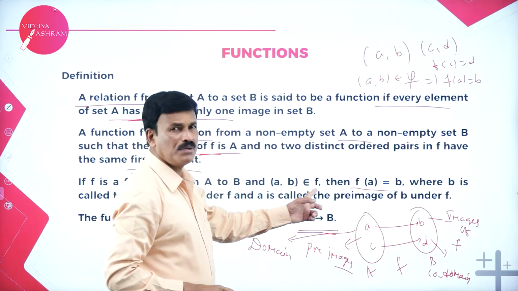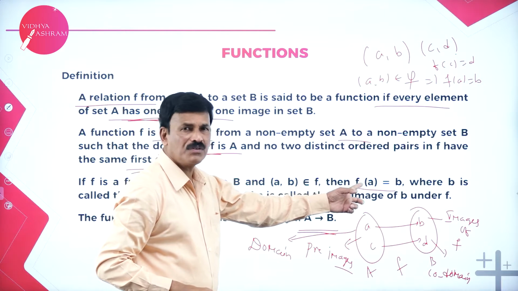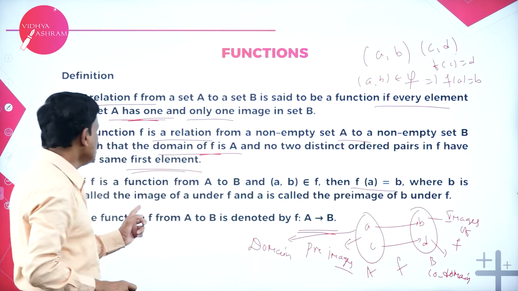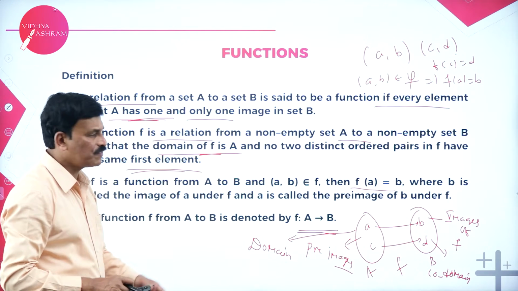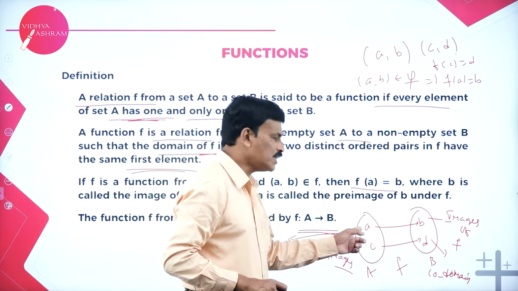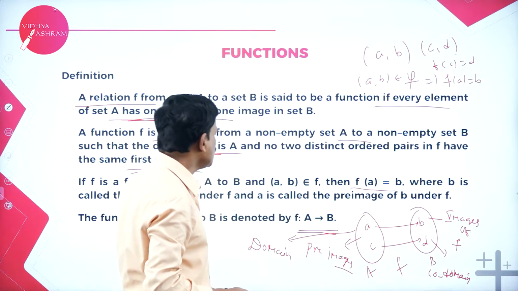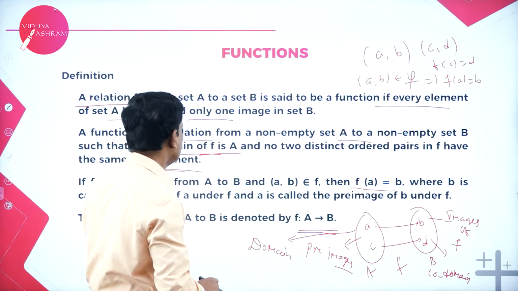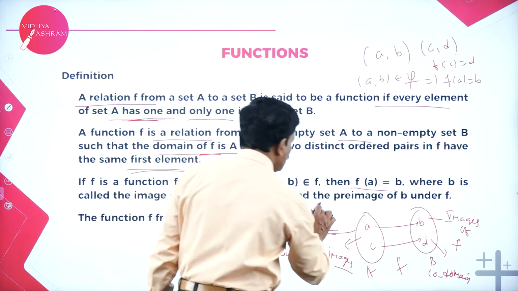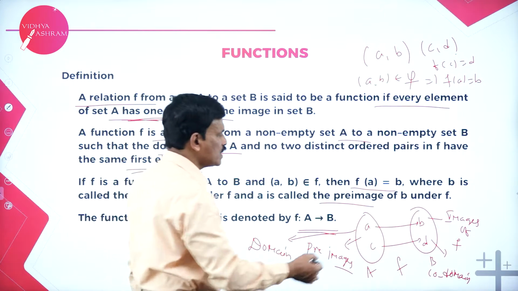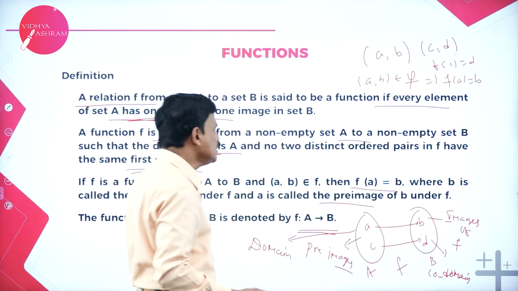So if (a, b) belongs to F, then we can write F of a is equal to b, where b is called the image of a under F. Similarly d is called the image of c under the function F. And here the elements a and c are called the pre-images, whereas the elements b and d are called the images.